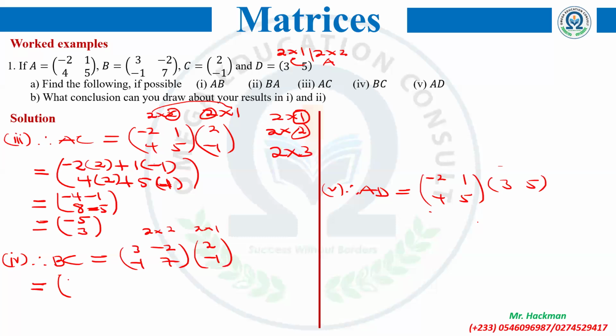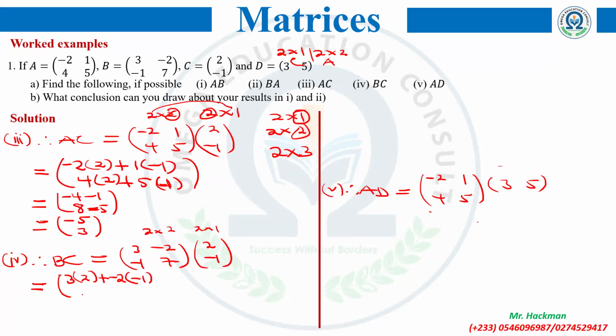3 times 2, that's 6. I'm writing it just for explanation purposes. 3 into 2, plus -2 into -1.